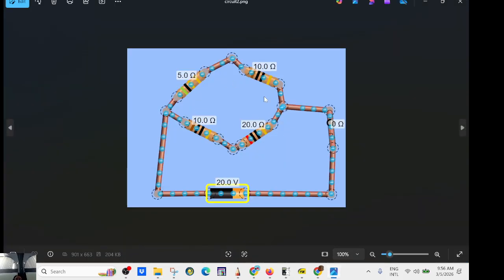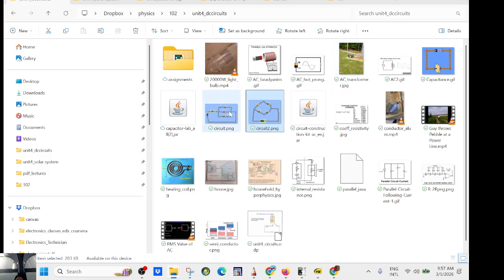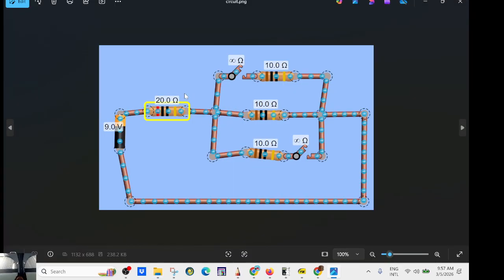Okay, so now you should be able to solve those types of circuit, right? So you do 5 and 10, that will be 15. 20 and 10, that will be 30. And so you have 15 and 30 in parallel. If you have something like this, you have two components in parallel with each other.